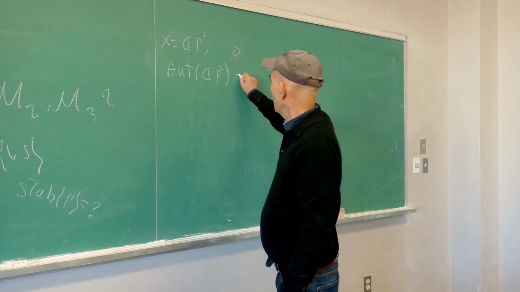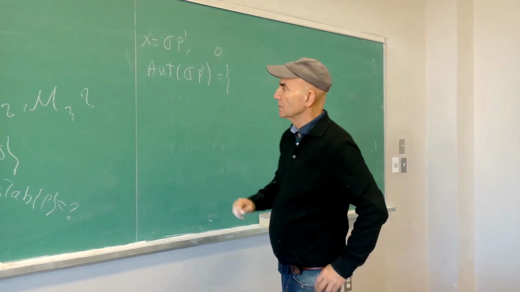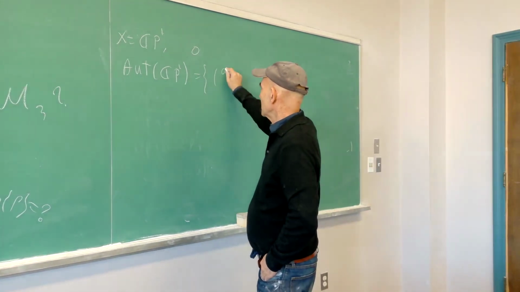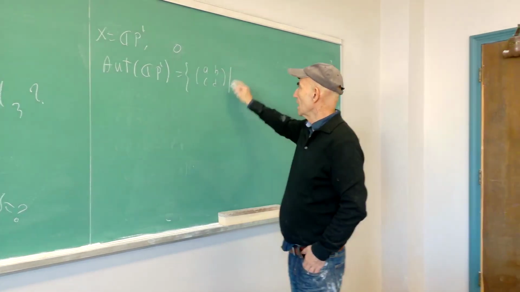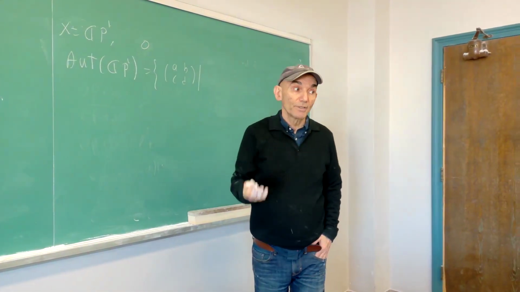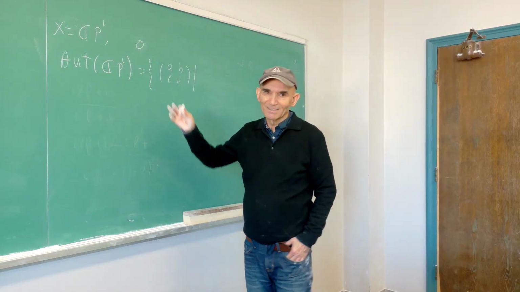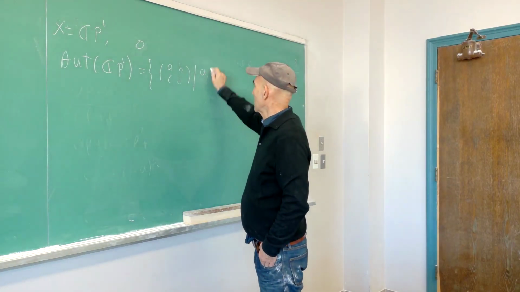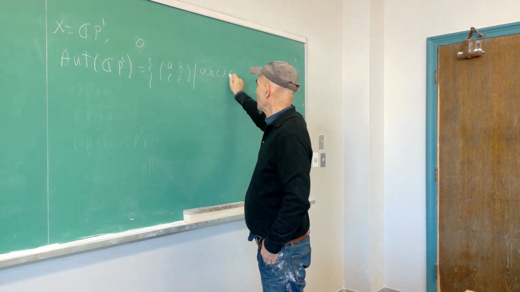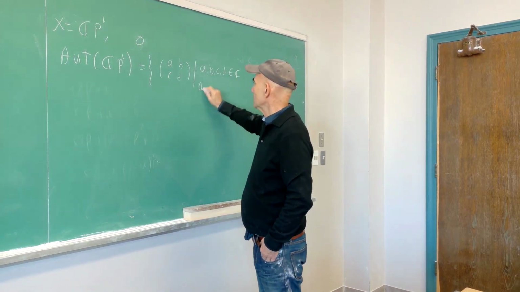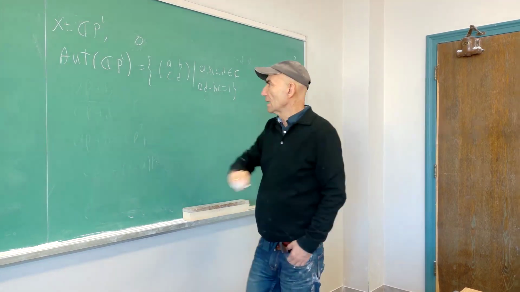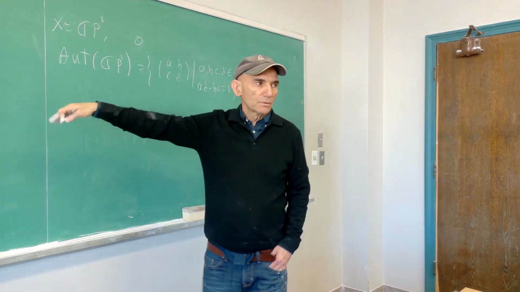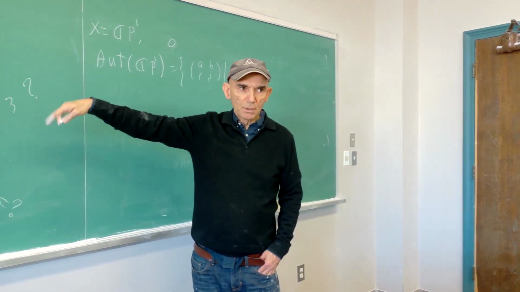So this is the set of all ABCD such that A, B, C, D belong to complex numbers and AD minus BC is equal to 1. And again, this thing acts by Mobius transformations on this one.